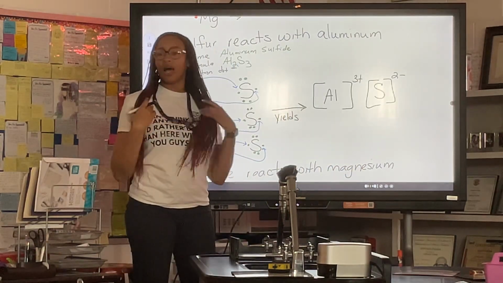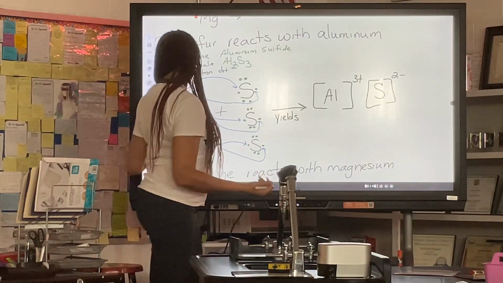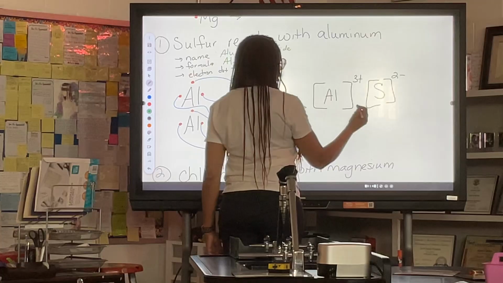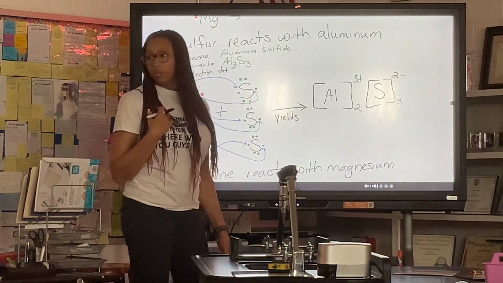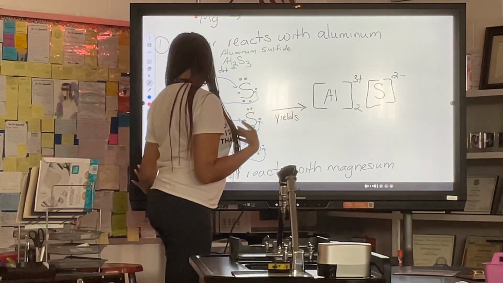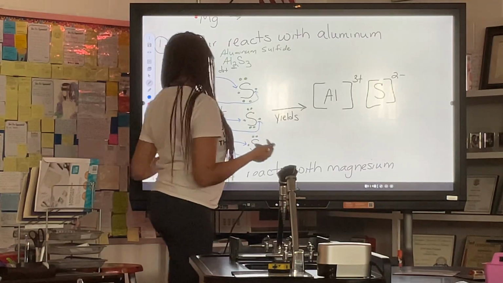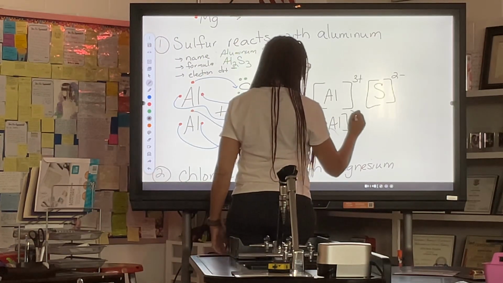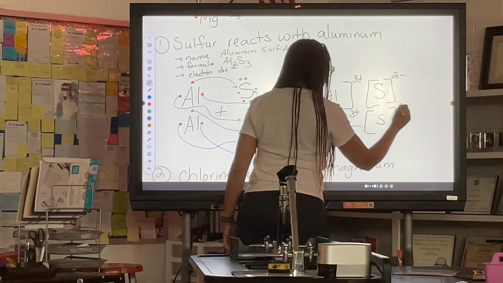Now, there's 2 ways you may see this. I'm gonna show you the way that I prefer because I don't like to write a lot of stuff. I'm just gonna put my subscripts: there are 2 of these and 3 of these. That's what I do because that indicates I know what I'm talking about. You may see it this way, and you're probably gonna see it this way more often because not everybody's as lazy as me, where you actually have the 2 and the 3.